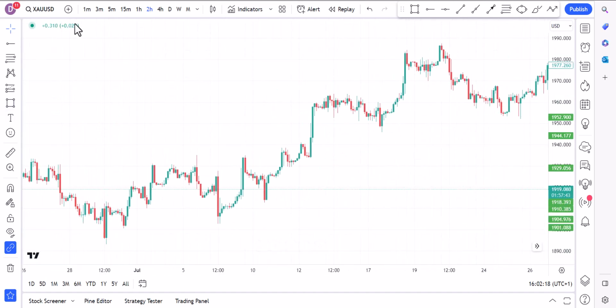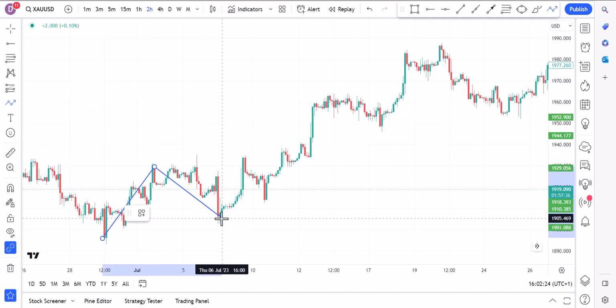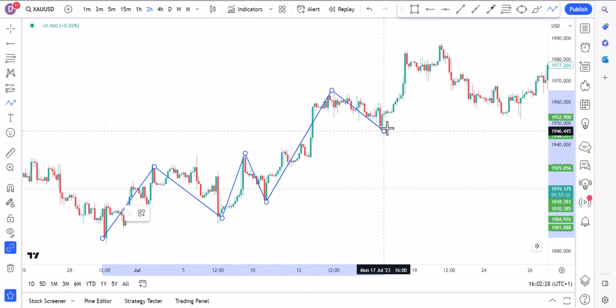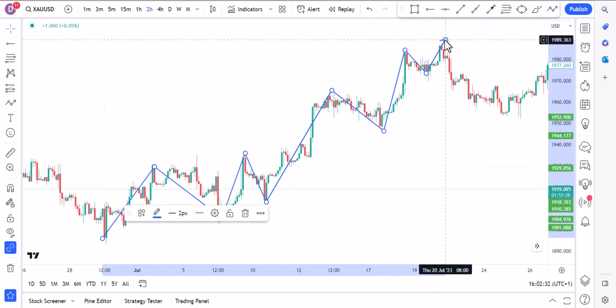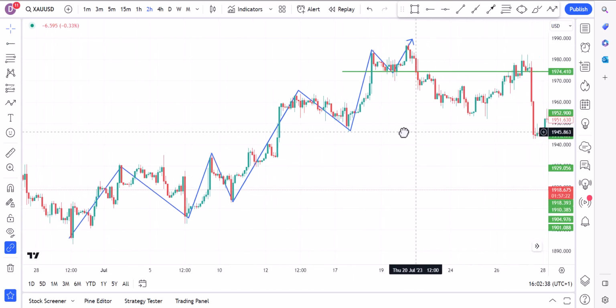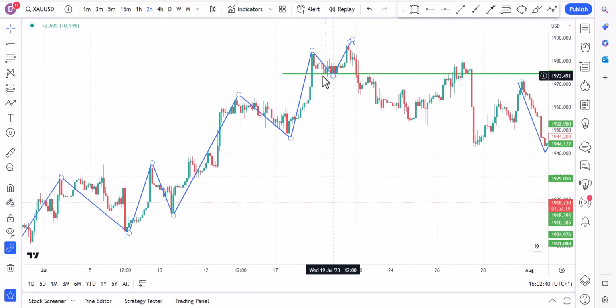So if you notice here, let's just make use of the major ones. We're having an uptrend here. This is the last higher low, so you have to mark it. What happens anytime the market breaks and comes back?